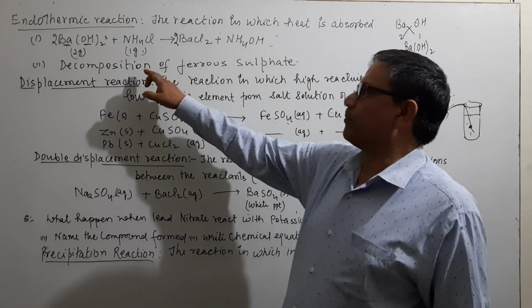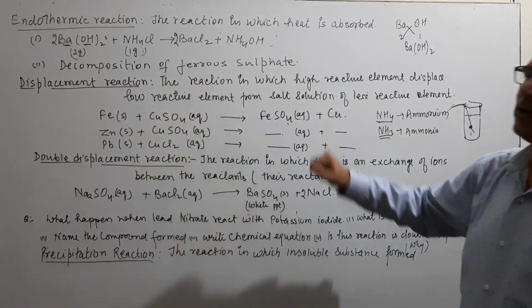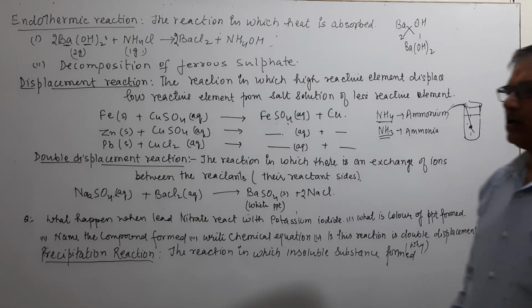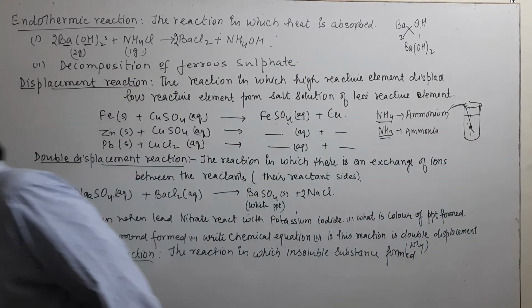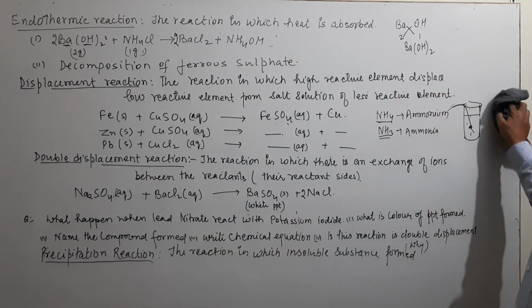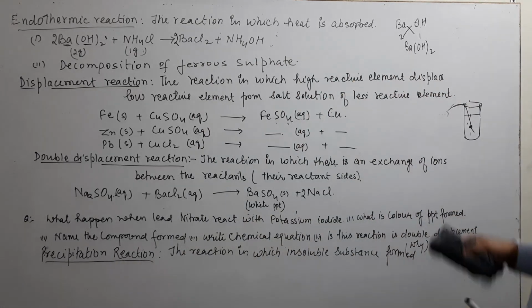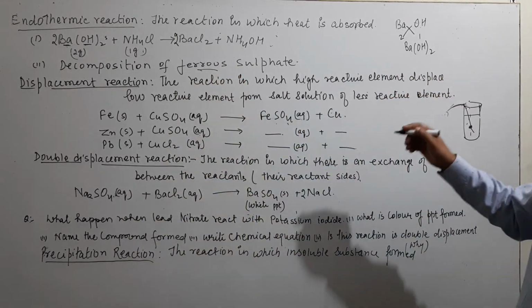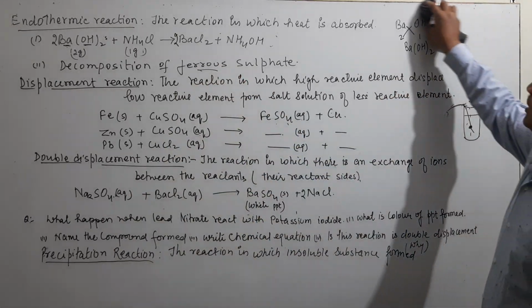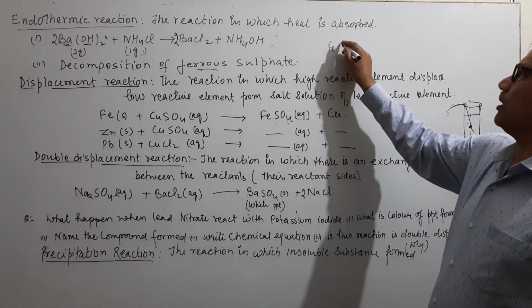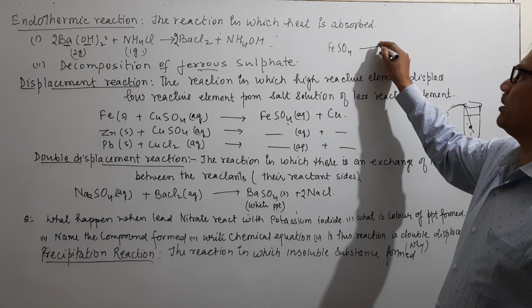The second example is the decomposition of ferrous sulfate. I think you have done this in the previous video. What does decomposition mean? Breakdown. The formula of ferrous sulfate is FeSO4.